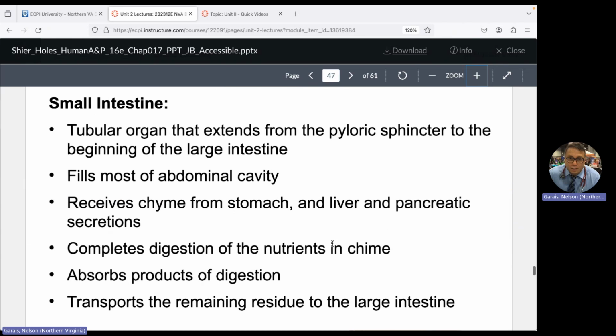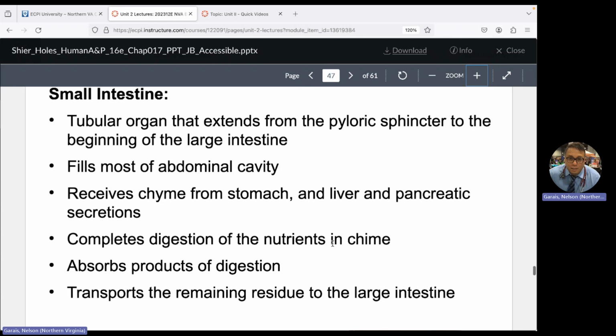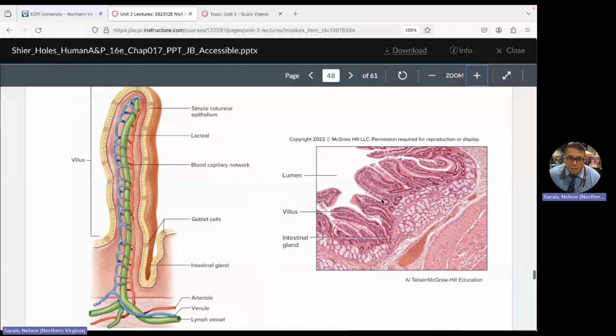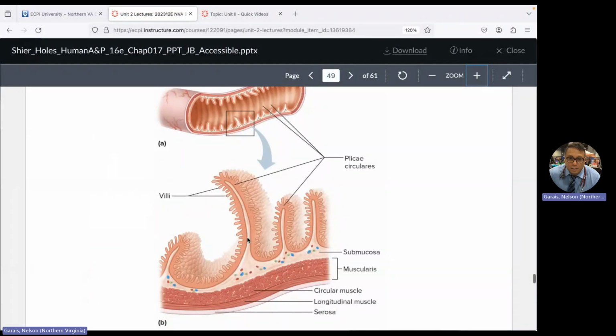Small intestine, we already said the function is to absorb nutrients. Okay, so there's going to be a lot of rugae or folding. And you can see here, there's a whole bunch of folds. And the folds have folds.